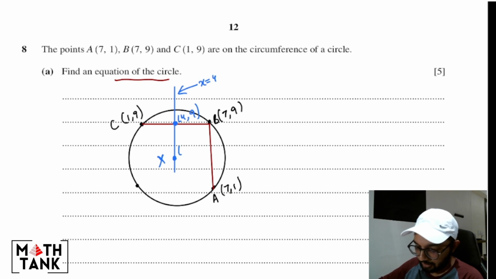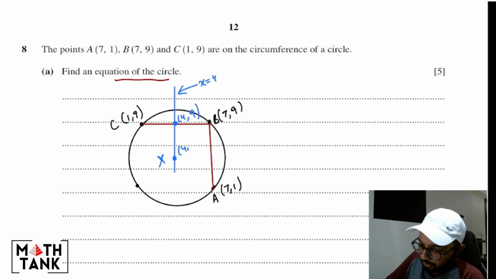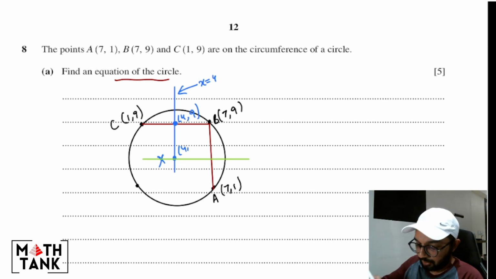I'm absolutely certain about that. Why? Because it's a vertical line. If I draw this perpendicular bisector, it's going to be a horizontal line. Why? Because that line was also vertical. What is it going to pass through? The y coordinate here is 1, the y coordinate 9 and 1. So this is going to pass through 7, 5. So the y coordinate has to be 5.